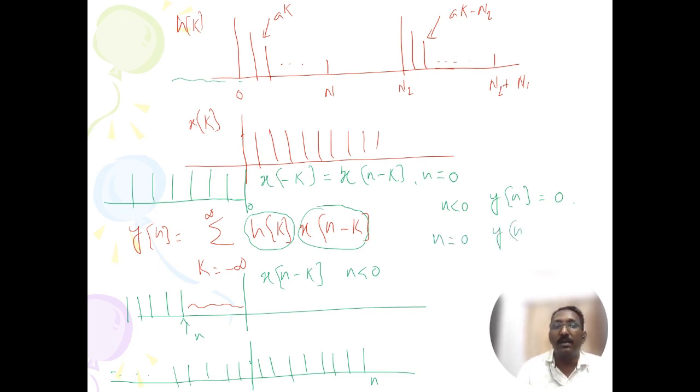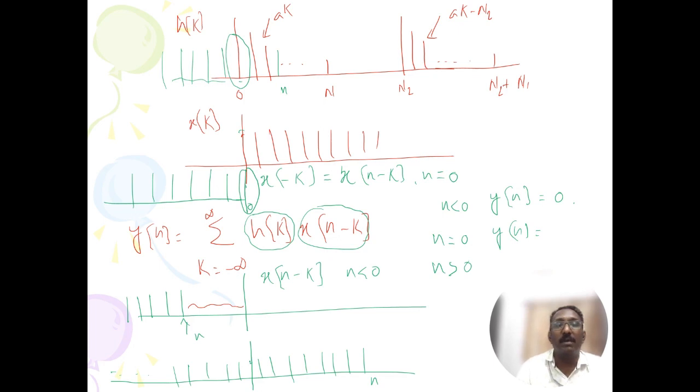to calculate the value of y of n, we have to multiply this X of minus k value and this H of k value. One sample will overlap here. For any other value of n greater than 0, this unit step function keeps on coming, and somewhere here is n.